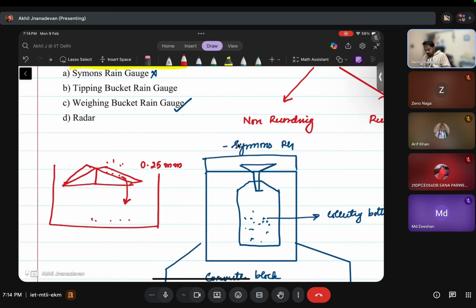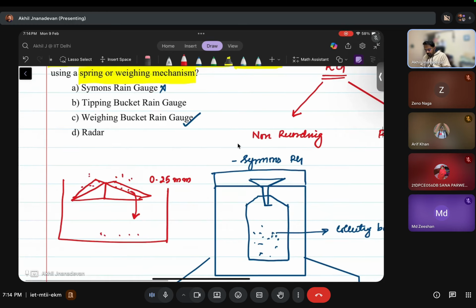And when the water becomes 2.5 mm, it will tip into this particular container.